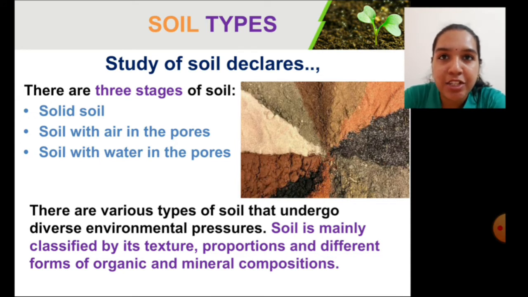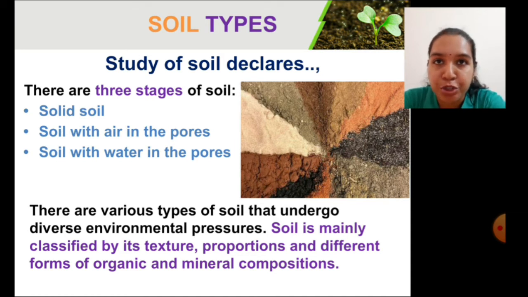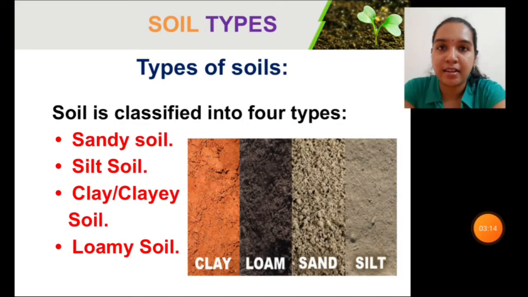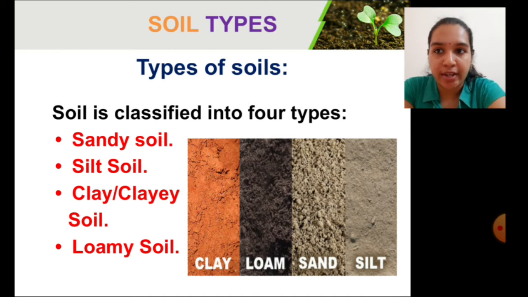And the major characteristics that vary in different soil types are their texture, proportion, and the presence of nutrients and mineral compositions, etc. You all already know the 4 types of soil, and they are sandy soil, silt soil, clay soil, and loamy soil.